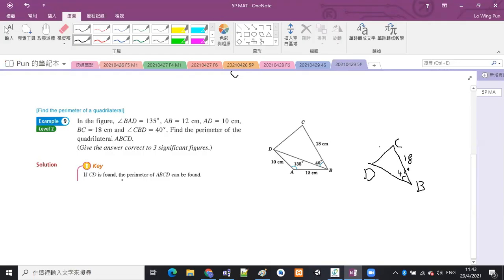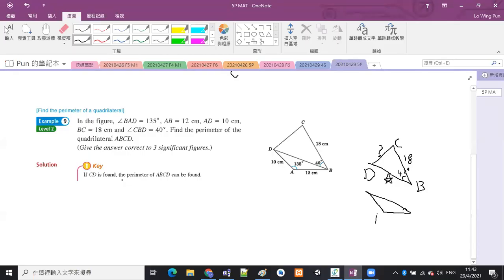Okay, and this is what we want to find. Okay, and this length DB is the length which is common to both triangle ABD and BCD.